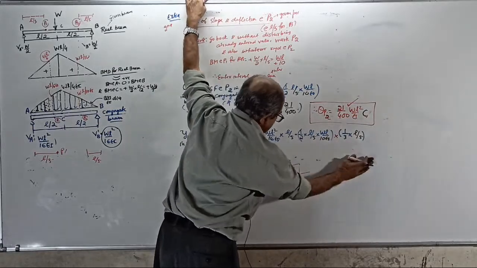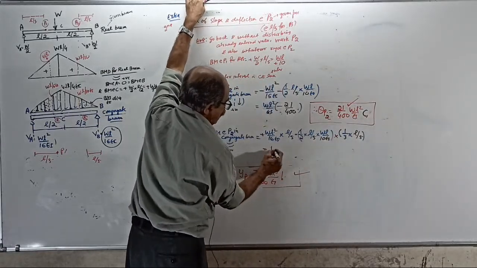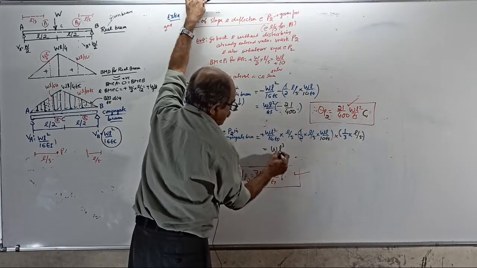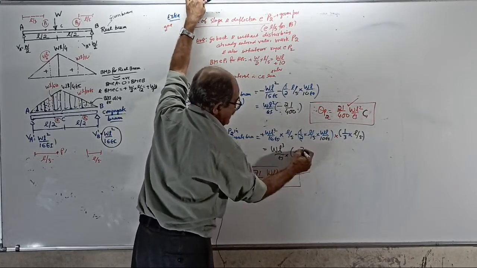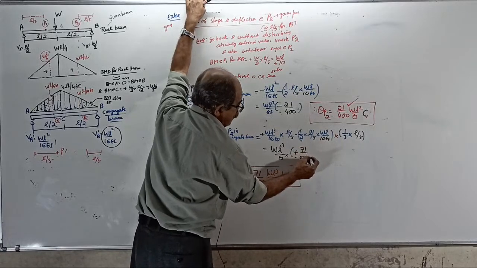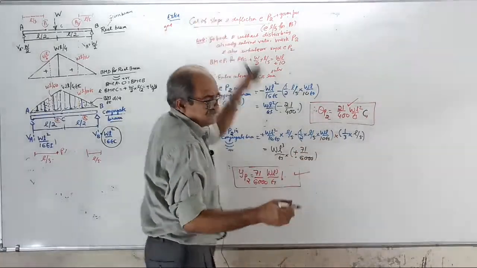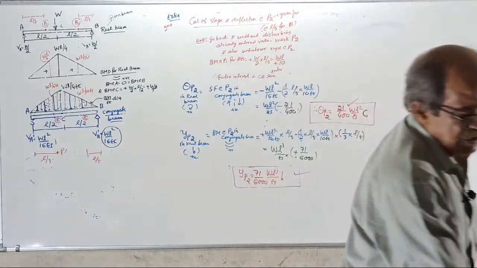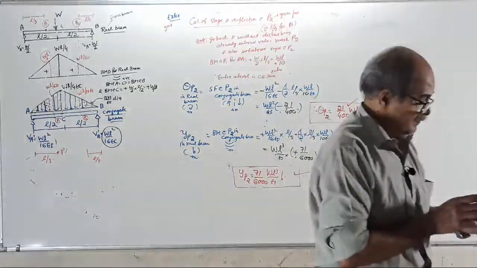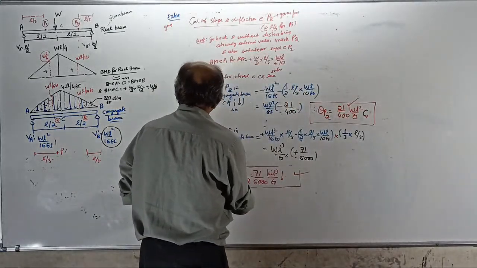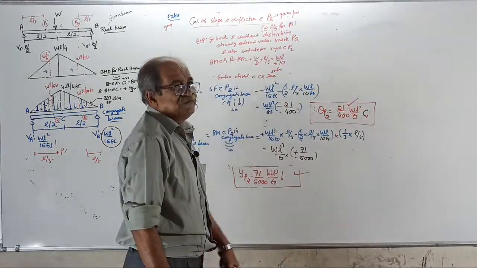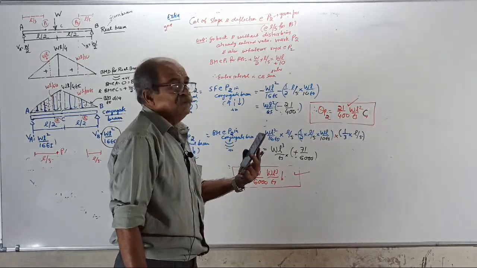You calculate, I don't have time; it equals WL cube by EI into plus 71 by 6000. Got the answer correctly? It will come plus 71 by 6000. Therefore, deflection at P2 equals 71 by 6000 WL cube by EI.